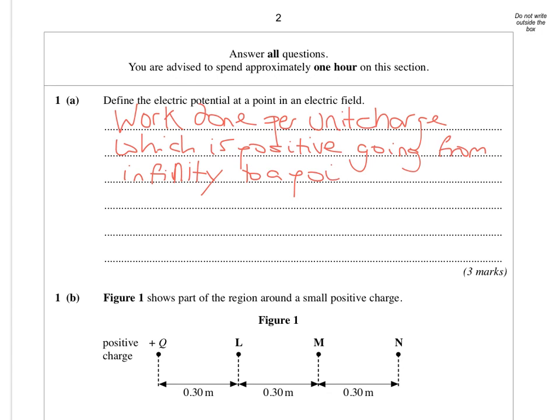So that's essentially the definition, and this is one of the parts of Unit 4 where you just have to know your definitions. So it's the work done on each positive unit charge going from infinity to a point.